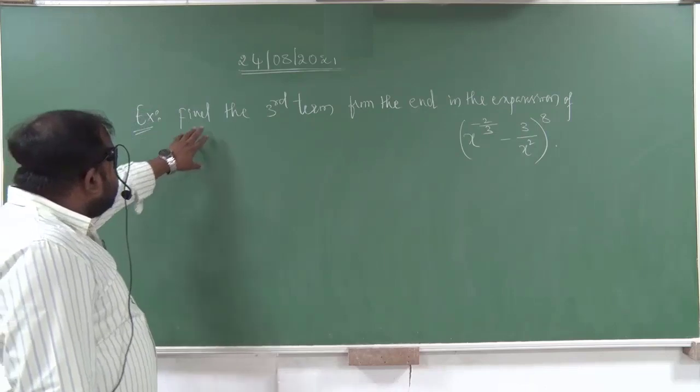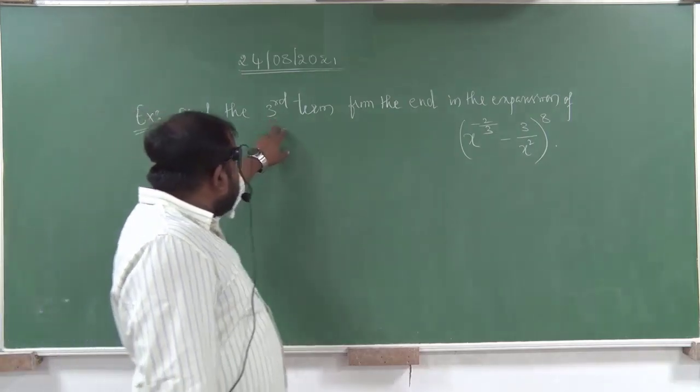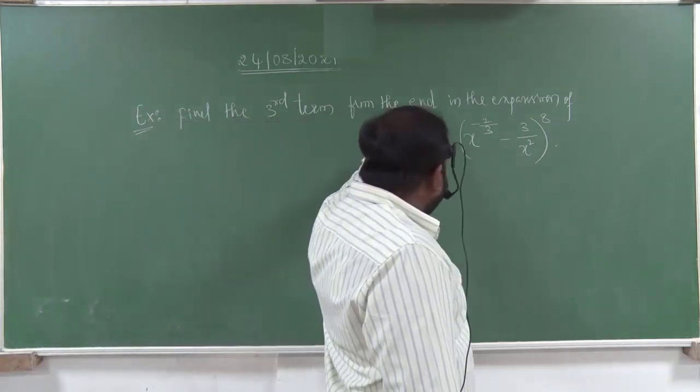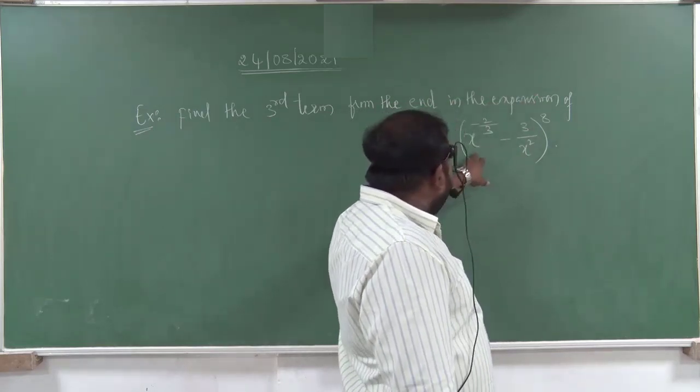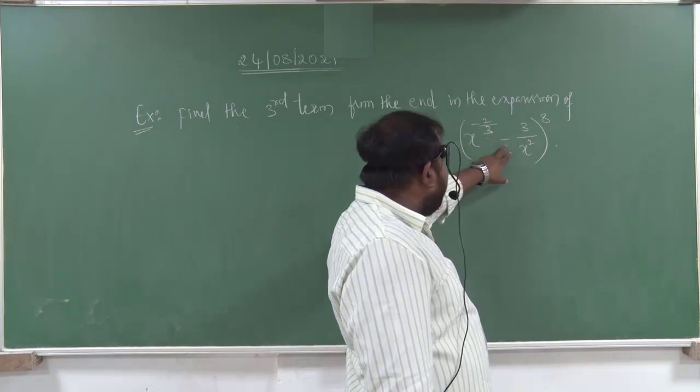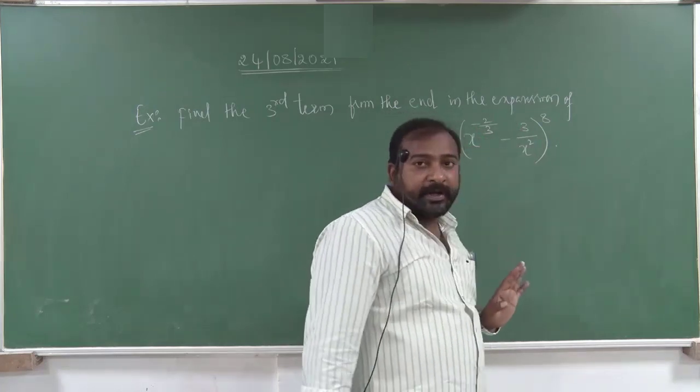What is the given? Find the third term from the end in the expansion of (x power minus 2 by 3 minus 3 by x square) whole power 8.